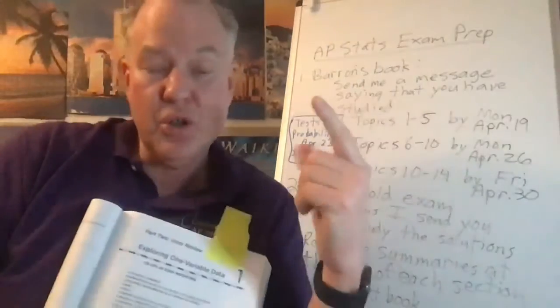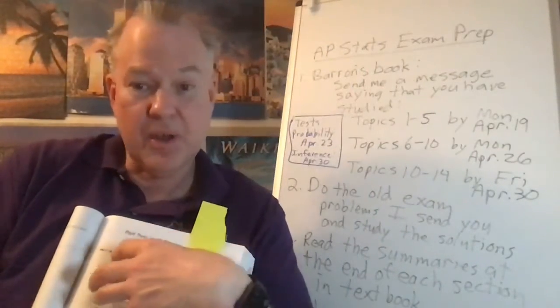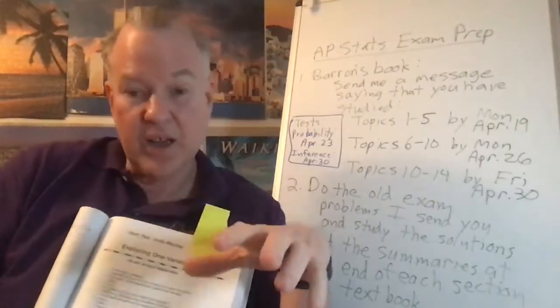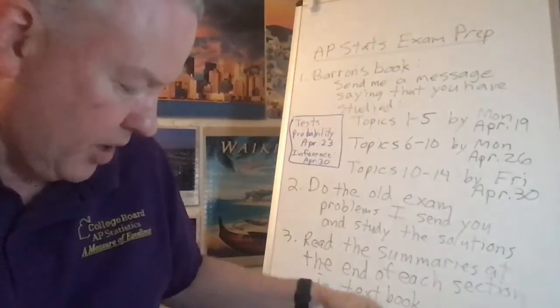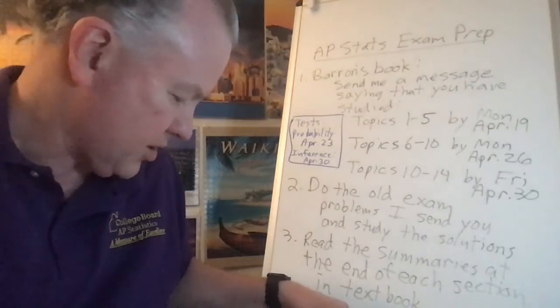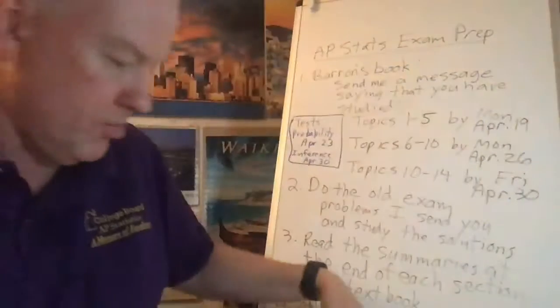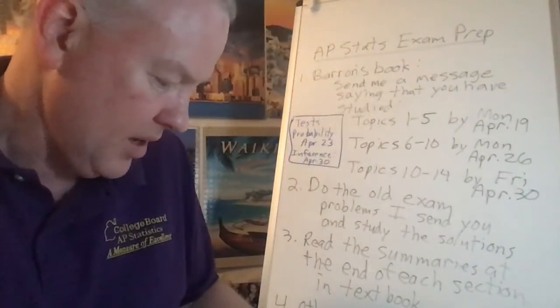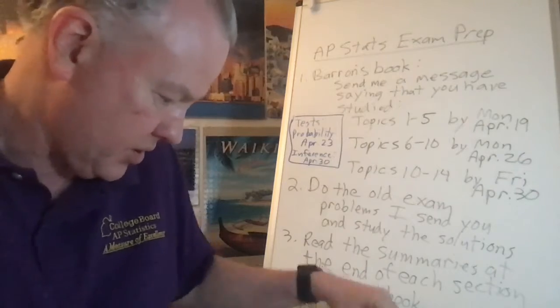What I want you to do is study each topic. Take basically a topic a day and study that topic. Read the book, and it has an explanation, and then it's got practice problems. At the end of each topic, it'll have multiple choice and free response problems that are modeled after the AP Stats exam, and it has an explanation for all of the solutions.